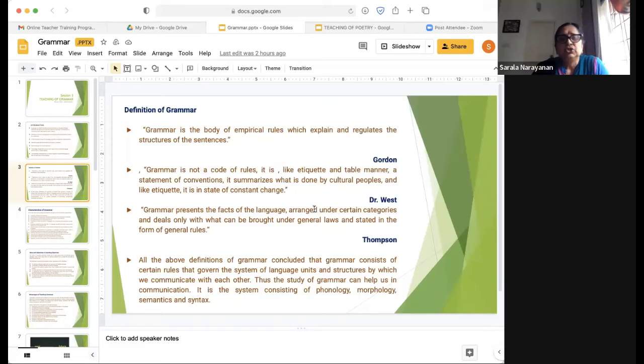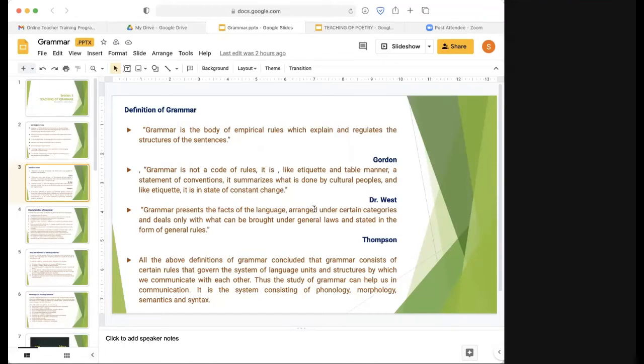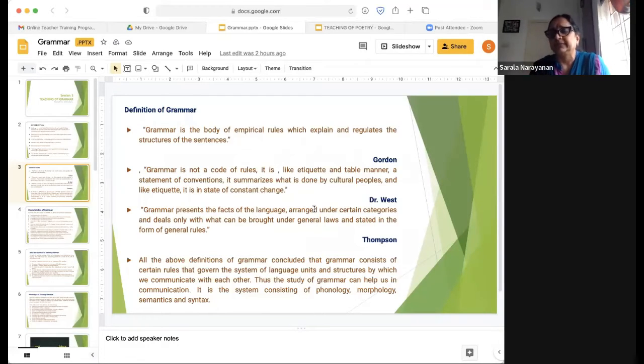Yes. Thank you. So listen, see here, this is what I've been talking about, functional grammar. So grammar is something like, it is not a code of strict rules, but it is like etiquette and table manners. Etiquette and table manners is how do you sit, how do you talk, all those things. It keeps sometimes changing, isn't it? So that's what he says.